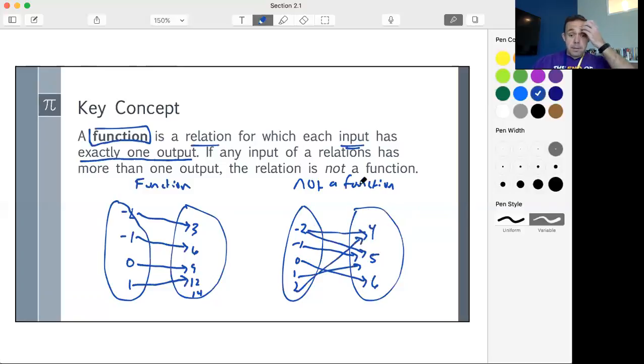Now the reason this is not a function is -2 has two outputs. It doesn't matter how many arrows go to a number. So here we have 2 places going to 4. That's okay. What's not okay is the input going to 2 different places. That's what makes it not a function.